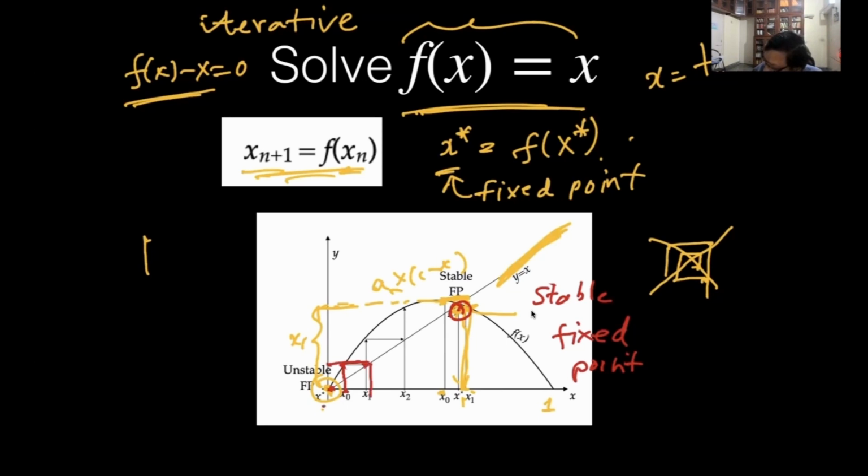So I'm going away from the root, right? And from x1, I go to x2, which is going away. So x equal to 0 is an unstable fixed point. Okay, so we can get both sorts of fixed points.